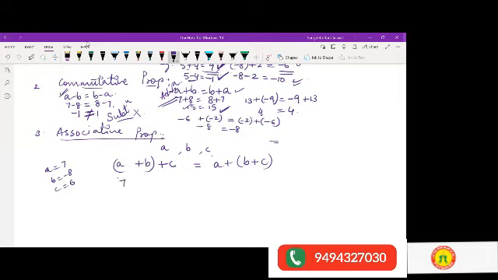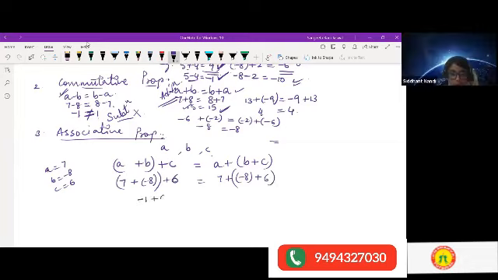If I put these values here, minus 8 plus C, and here it is 7 plus minus 8 plus C is 6. So what do I get here? 7 minus 8 is minus 1, or 6.